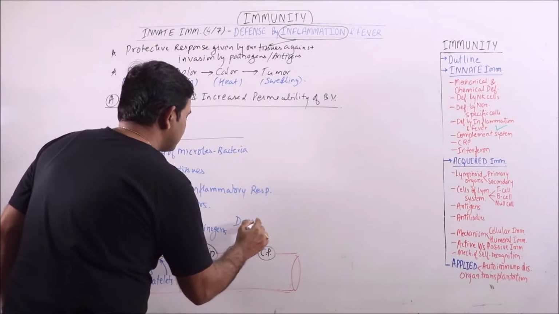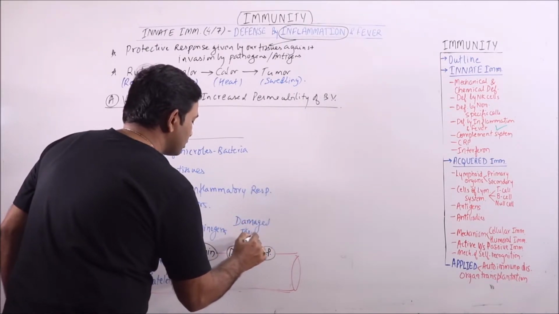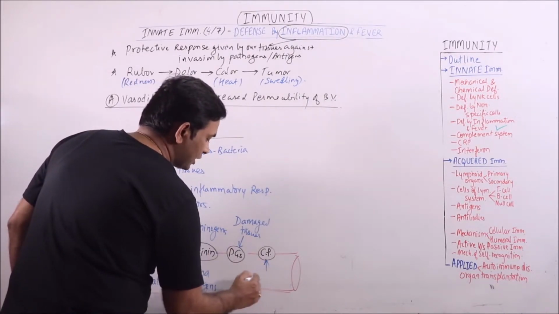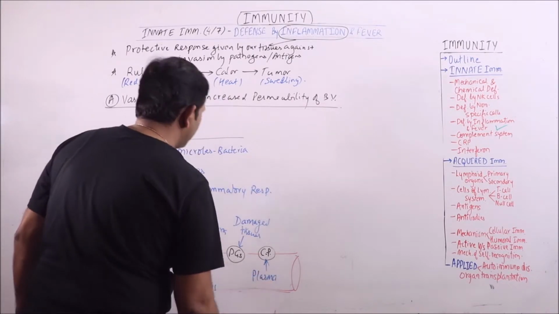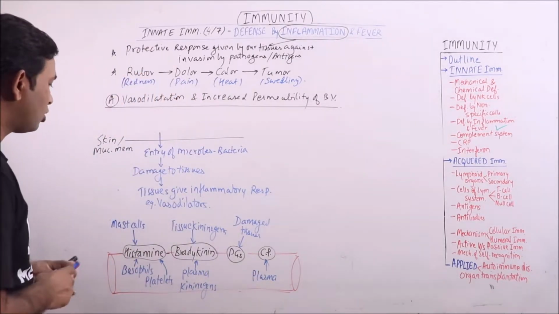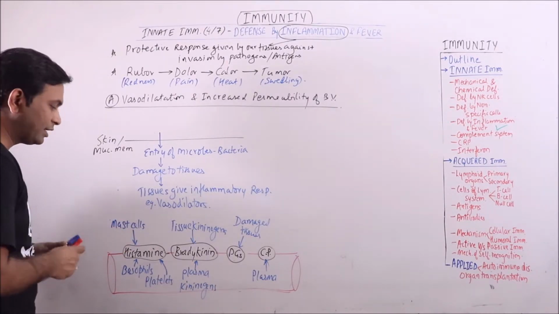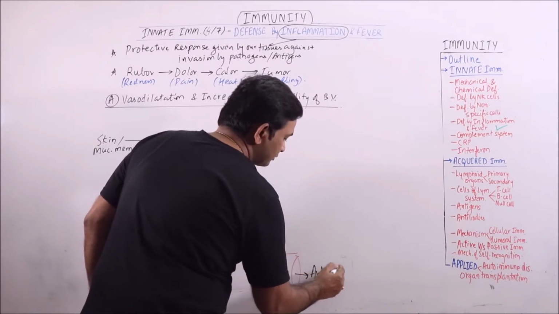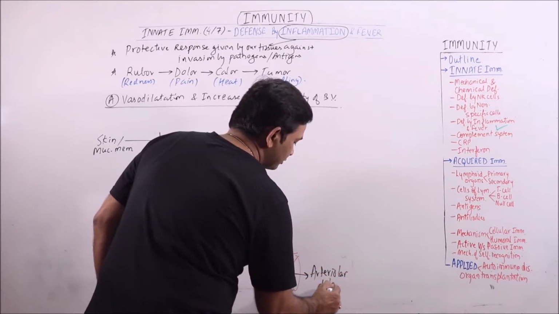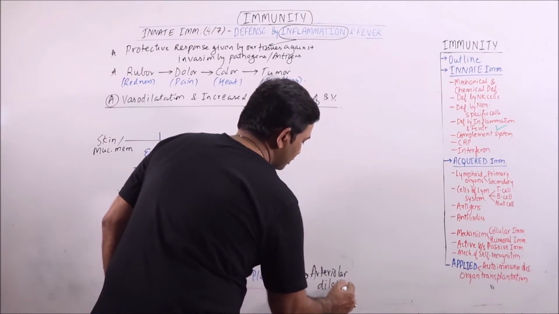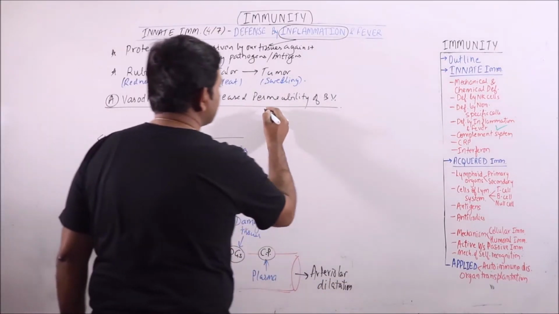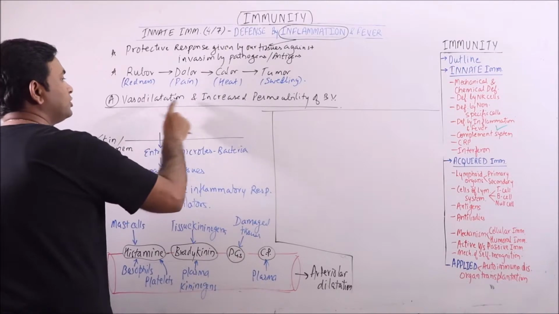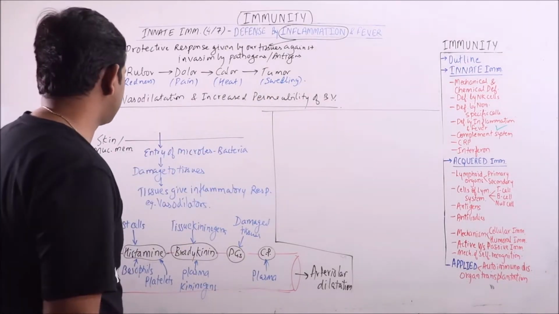Damaged tissues contribute prostaglandins, and obviously the complement proteins are contributed by plasma, and all of these vasodilators will finally result in arteriolar dilatation. So the first step is vasodilatation and increased permeability of blood vessels.